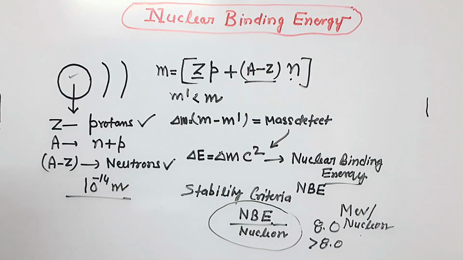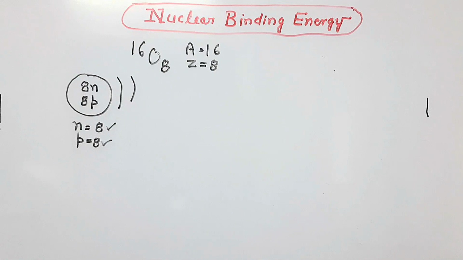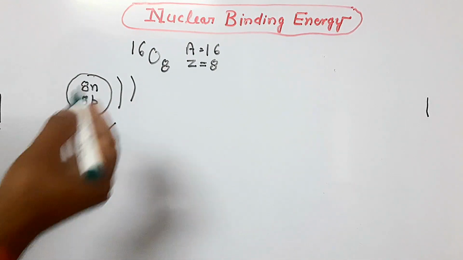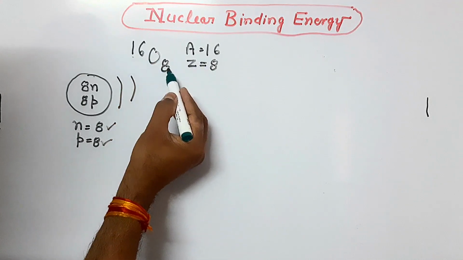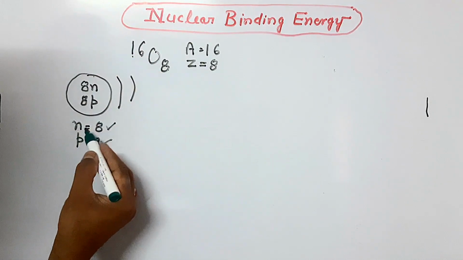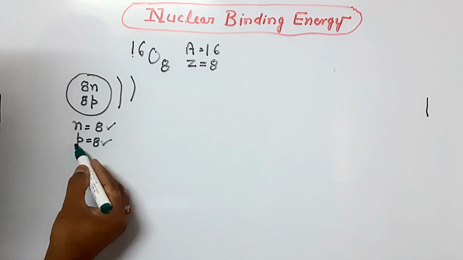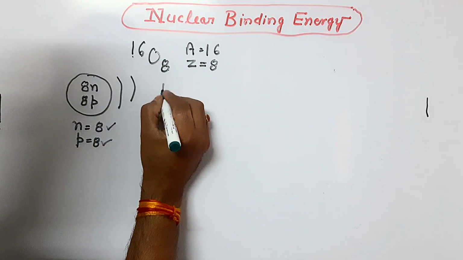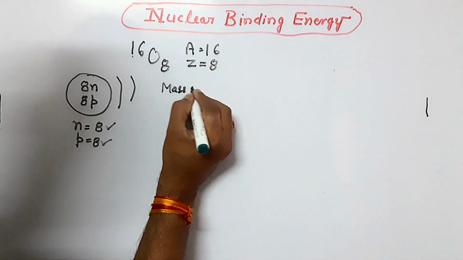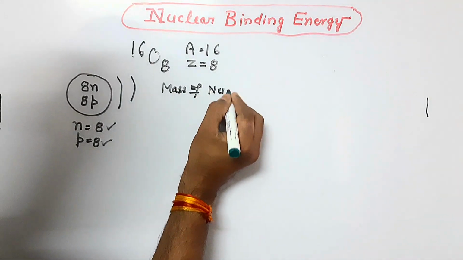So let us understand with a calculation of nuclear binding energy for the oxygen nucleus. Consider the example of the oxygen nucleus. Its atomic number is 8 and mass number is 16. Then the number of neutrons will be 8 and the number of protons will also be 8. First we will calculate the mass of nucleons.